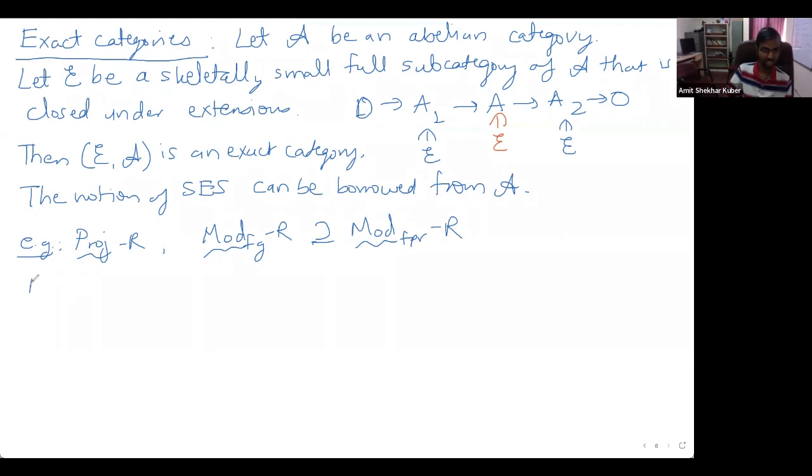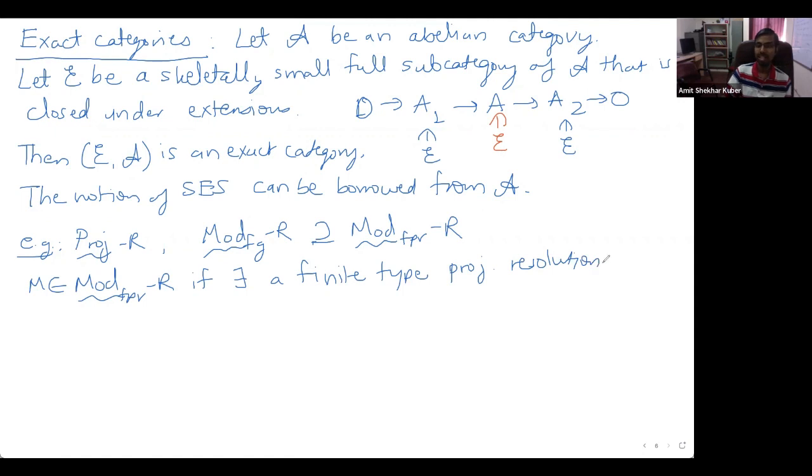So let me define it. M belongs to mod FPR R if there exists a finite type projective resolution. Now the phrase finite type has two different things. First of all, there is a finite projective resolution, and all the projective modules in its resolution are finitely generated.